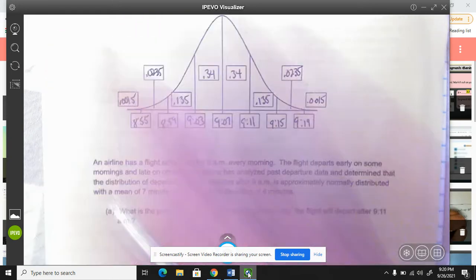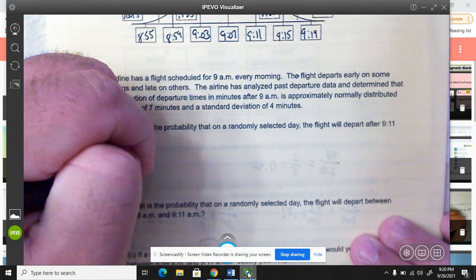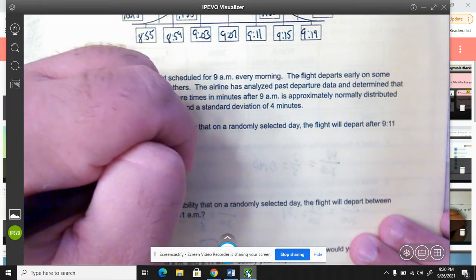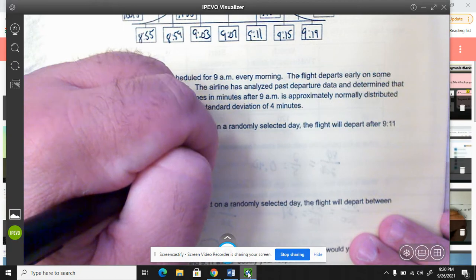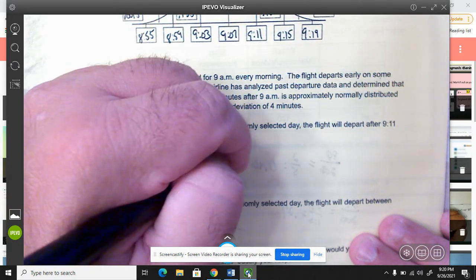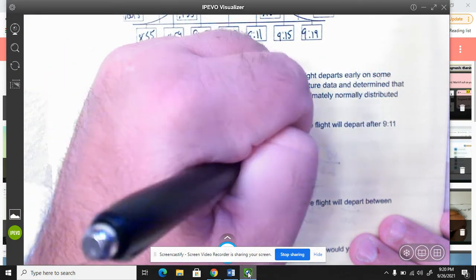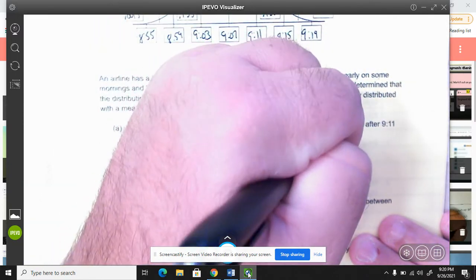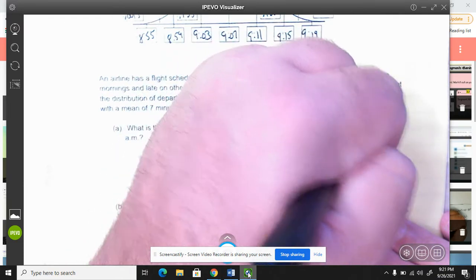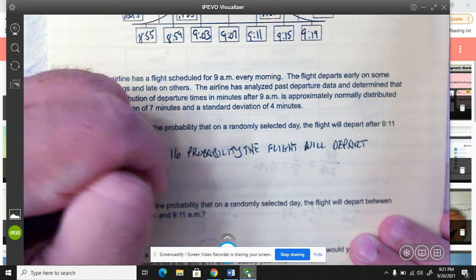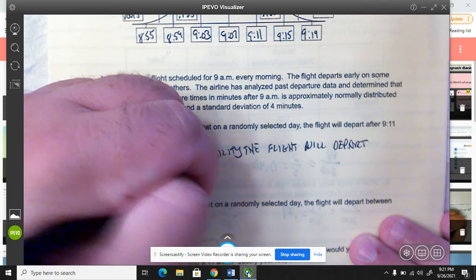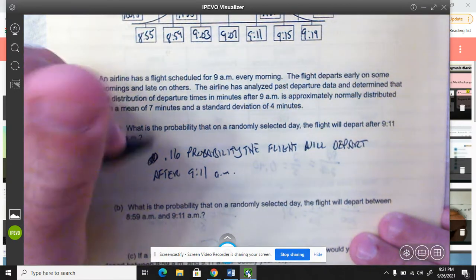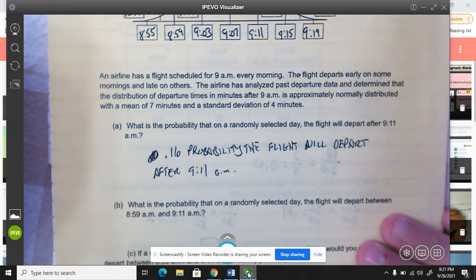When I add those together, I get 0.16 probability the flight will depart after, let me write everything down, after 9:11 a.m. So there's a 0.16 probability the flight will depart after 9:11.